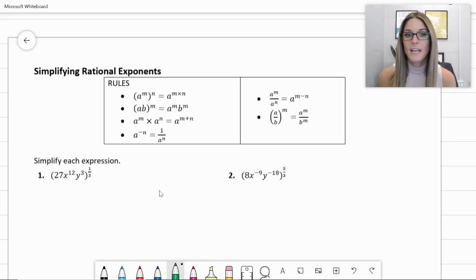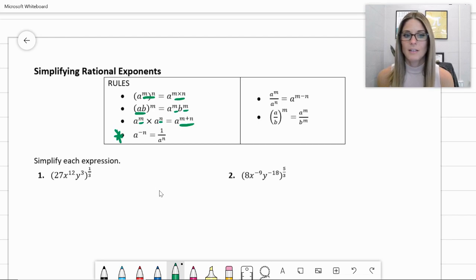At the top of your second page, I put a review of all of your exponent rules. We've already used a few of those already. If you have a power raised to a power, you multiply. If you have several things in the parentheses, they each get the exponent. If you have like bases and they are multiplying, you add the exponents. This is the one I want to remind you of.